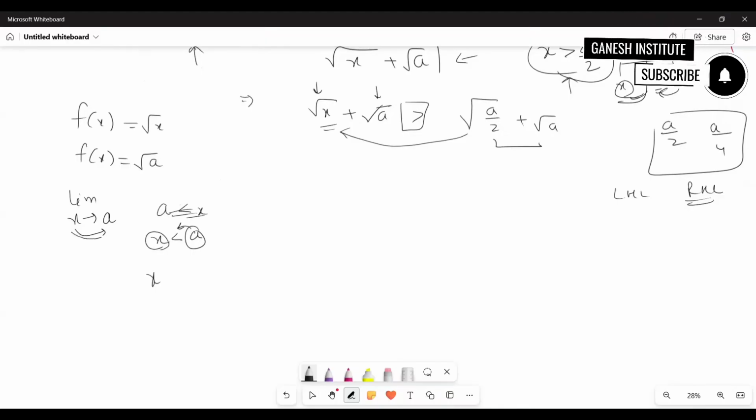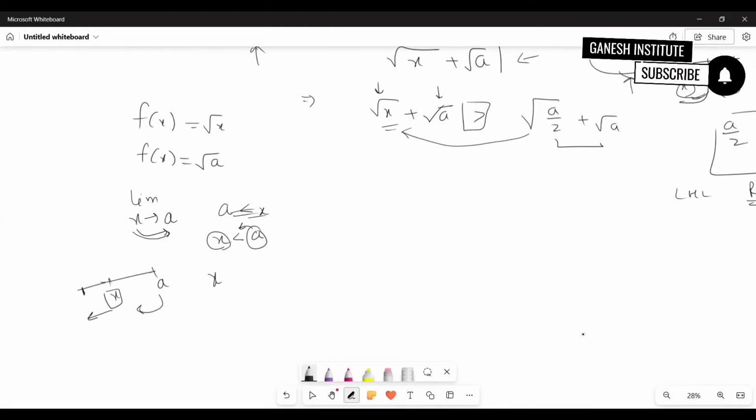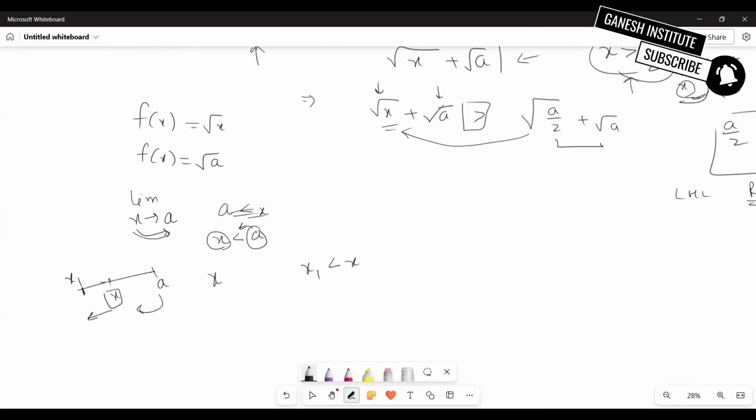If I have to go towards A, then I need to find a value which is lesser than A, but I have to bring it to a number here, which I have assumed. For example, you can say x1, wherein x is greater than x1. Would that work?